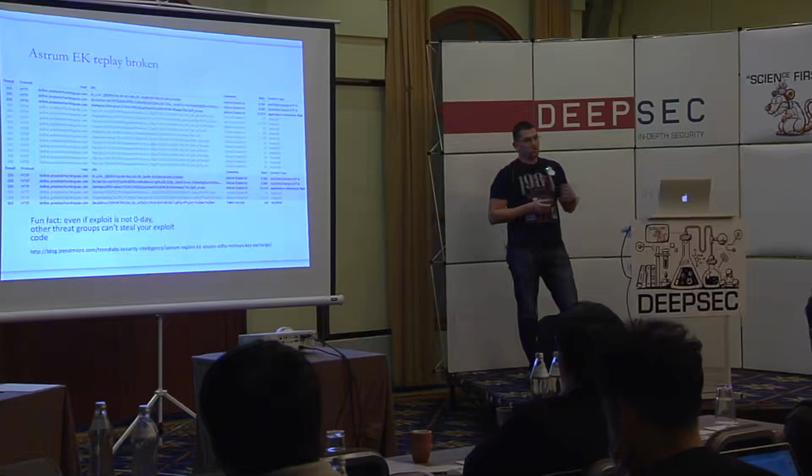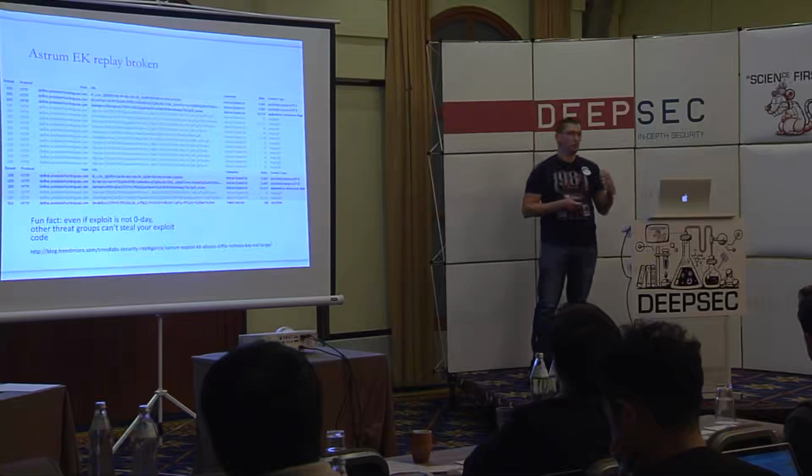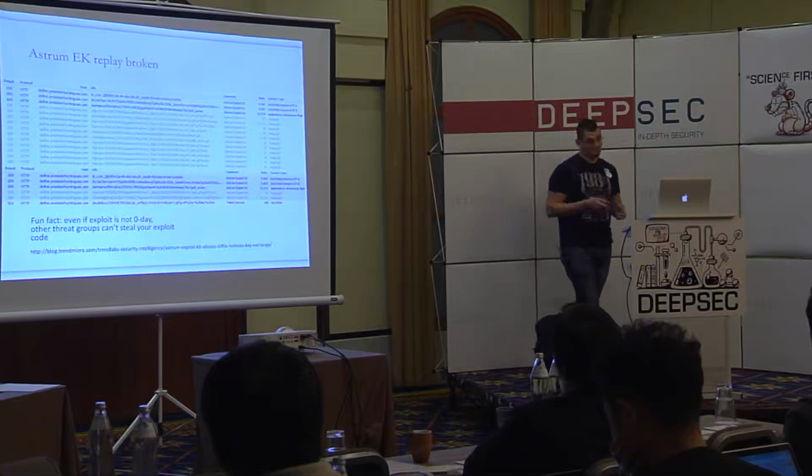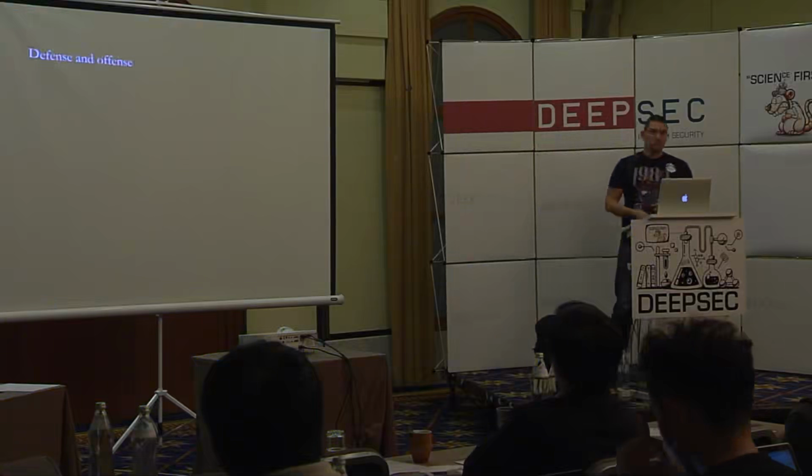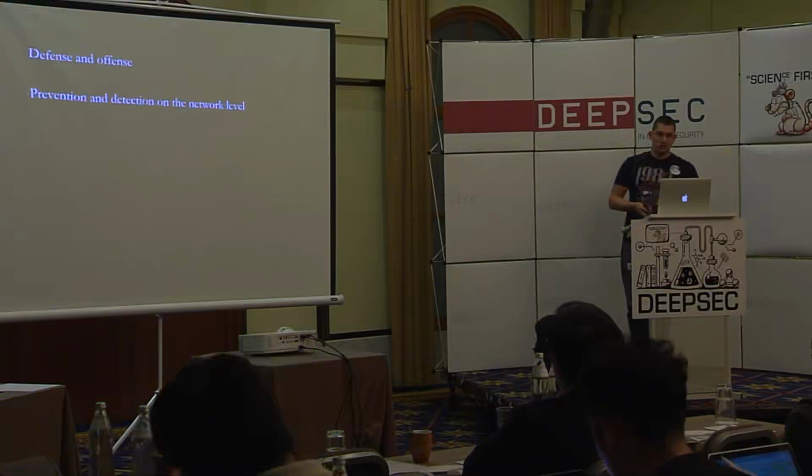And now, because they protect their exploit code, all the other exploit kit groups cannot copy their exploit. So now they are more successful on the market because they are the only ones who can exploit it.